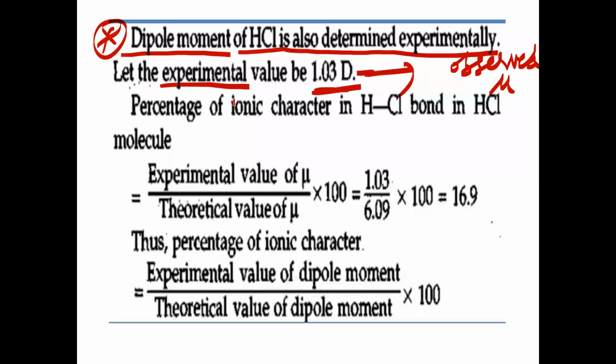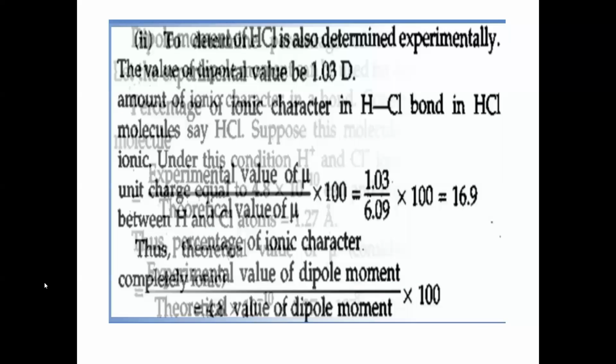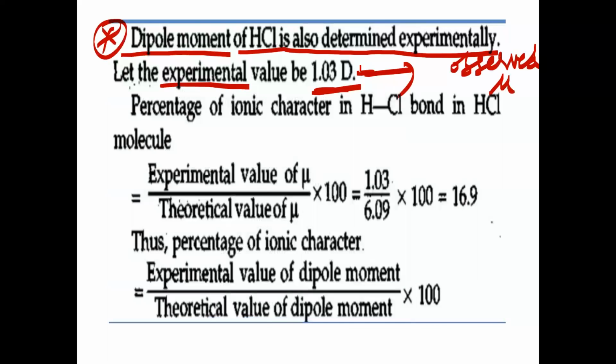And the theoretical value, calculated dipole moment, we got 6.09. But the experimentally observed value is 1.03 Debye. Keep that point in mind.